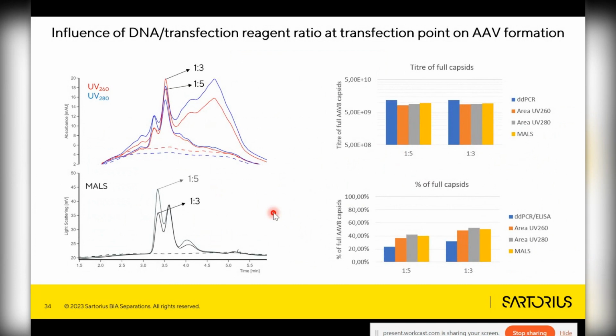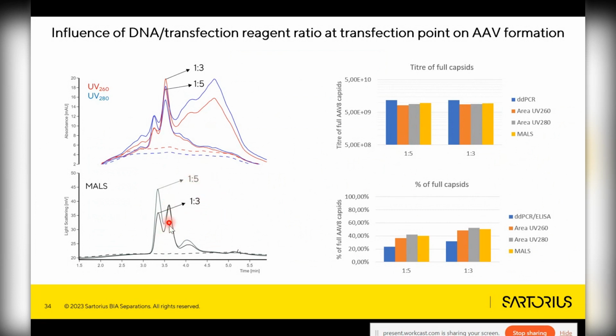But what about the ratio between the plasmid amount and the transfection reagent? Here we already see that there is a difference. If you use a lower ratio, which means less transfection reagent, we would produce the same amount of fulls but fewer empties than in the case where we use more transfection reagent.